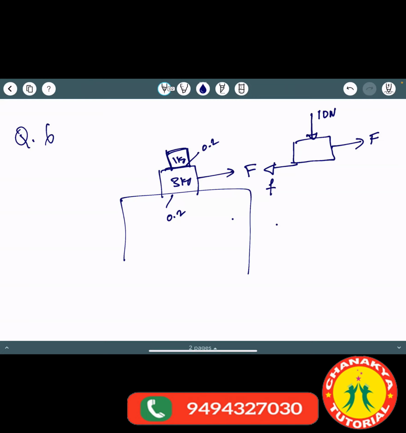And what they are saying is, if the 1 kg block is not sliding on the 3 kg, that means both blocks are moving together, right?